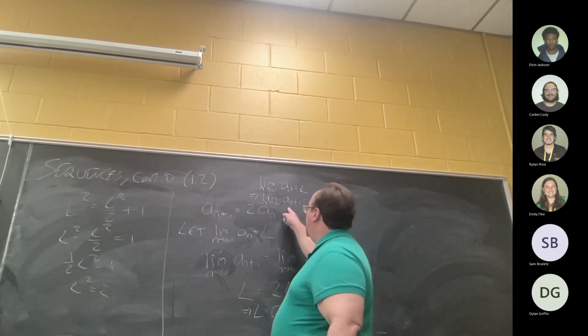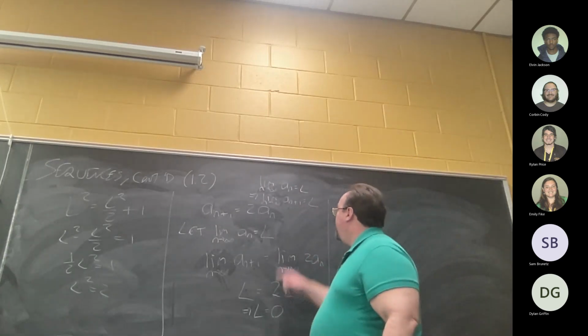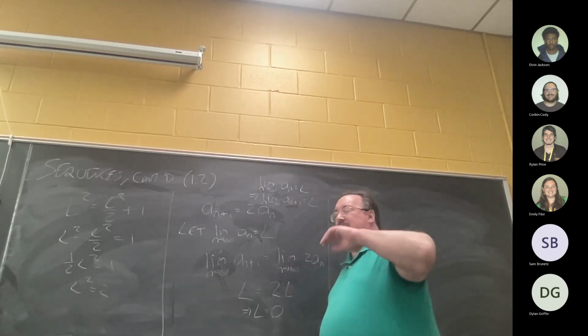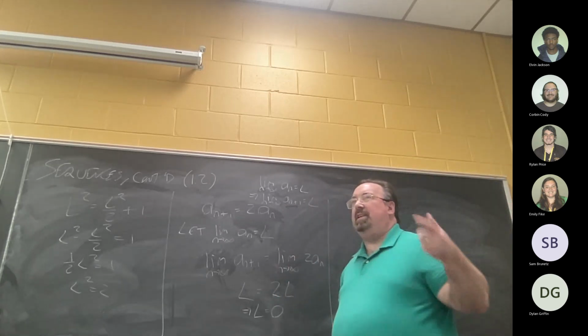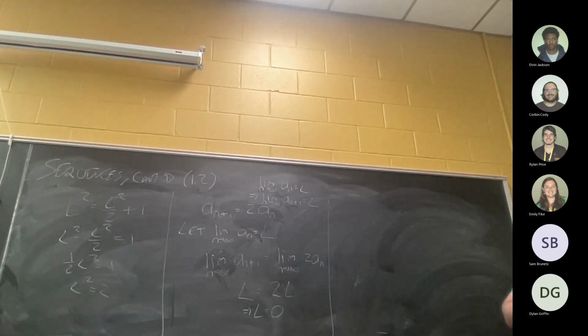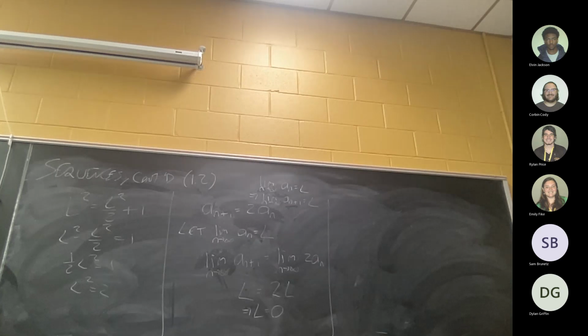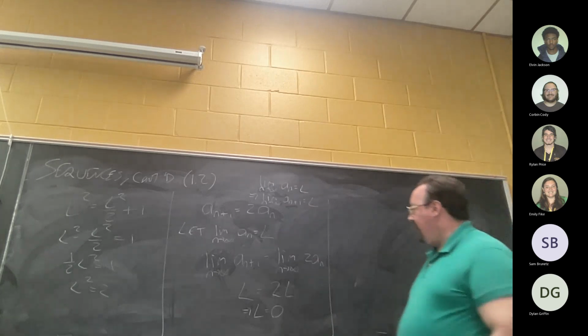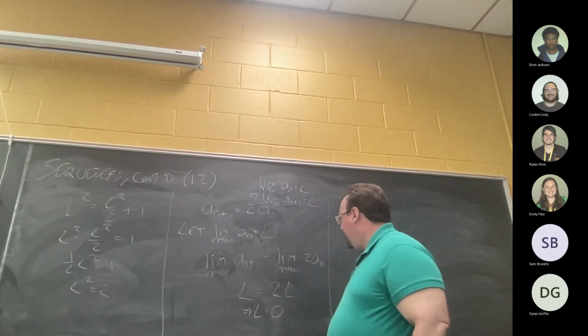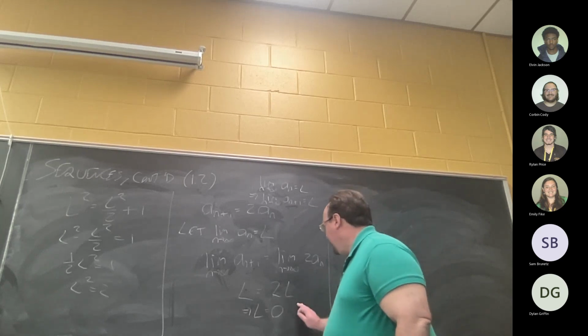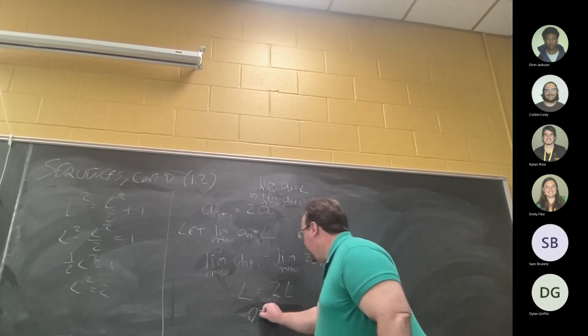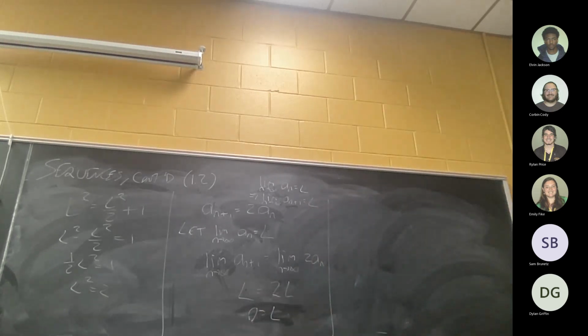The only difference between this sequence and this one is that the very first term is omitted. But that has nothing to do with the limit. The limit is what happens as the index goes to infinity. So the sequences may not start out the same way, but they'll end the same way. Then L equals 2L. The only possible way L could equal 2L is if L equals 0, just by moving to the other side.